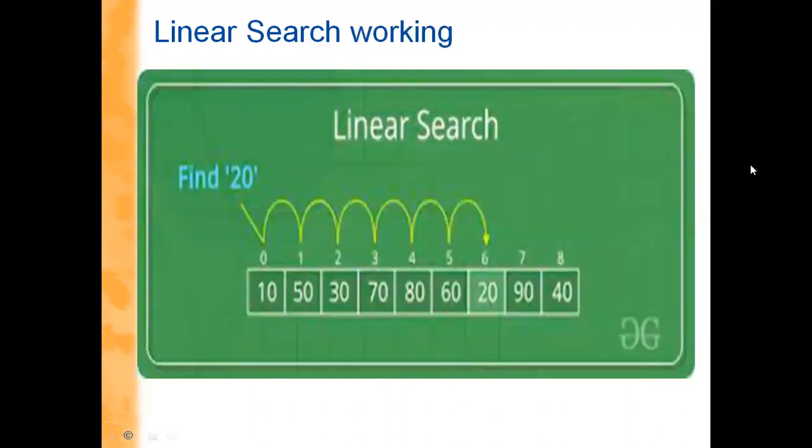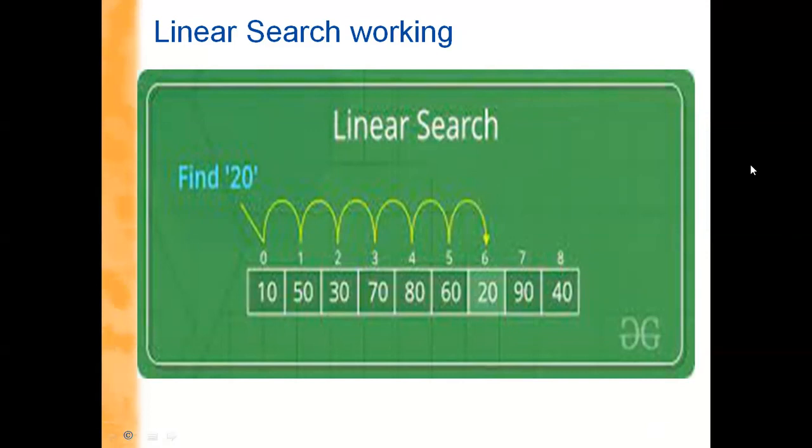So this is an example of linear search where we search for the value 20, and the data elements are 10, 50, 30, 70, 80, 60, 20, 90, 40. We start searching from the first position, that is index position 0. First we compare the search element 20 with 10, then 20 with 50, then 20 with 30, then 20 with 70.